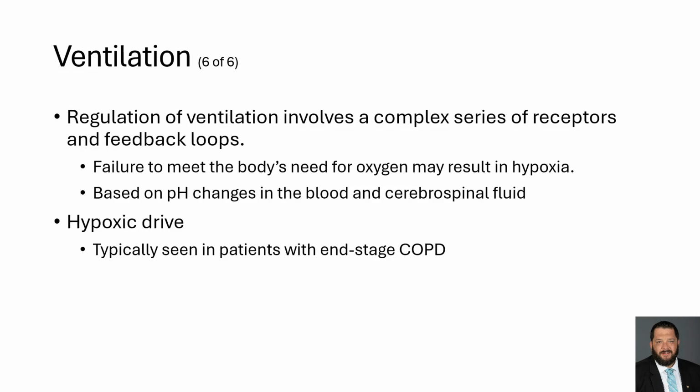This is known as a hypercarbic drive. In patients with end-stage COPD, they may have what's known as a hypoxic drive as opposed to a hypercarbic drive. The hypoxic drive is when respiratory rate and volume are driven by the concentration of oxygen as opposed to carbon dioxide.